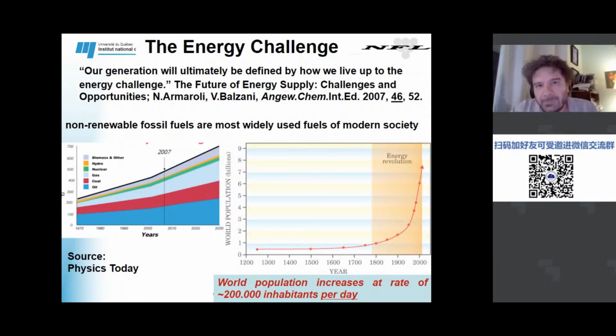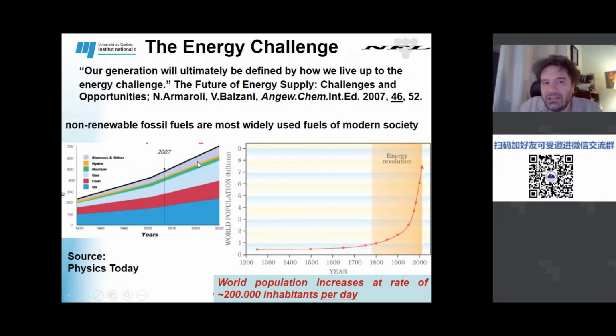Now, let's see in this other slide the sort of evolution of the kind of energy we've been using over the past few decades and how it's projected for the future decades. So this picture at the left, this is taken from Physics Today about 13 years ago, 2007, and it's remarkable how even after 2007, the projection that they placed in this graph was quite accurate.